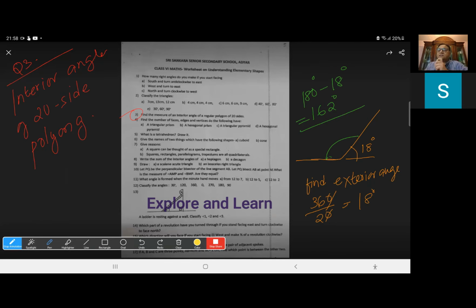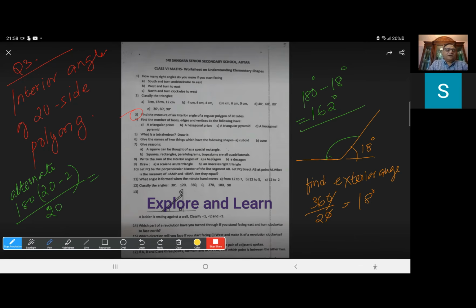Do you understand? This is the fastest way of calculating each interior angle. The alternate way could have been to use the formula. There are 20 sides, so 20 minus 2 times 180, divided by 20, will give you each angle.